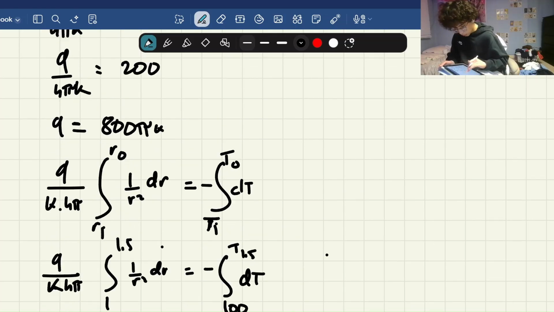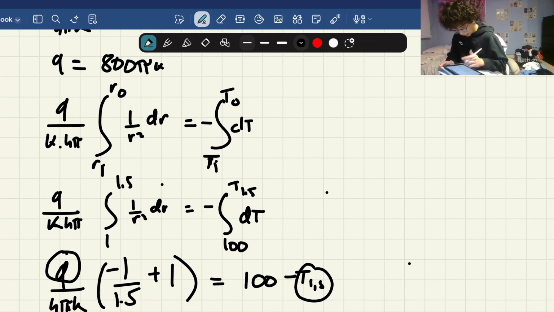That's why we need the previous step to substitute Q to get a value. As we did before, Q is equal to 800 pi k. So we're gonna do 800 pi k over 4 pi k, and let me get my calculator real quick. I'm so sorry.